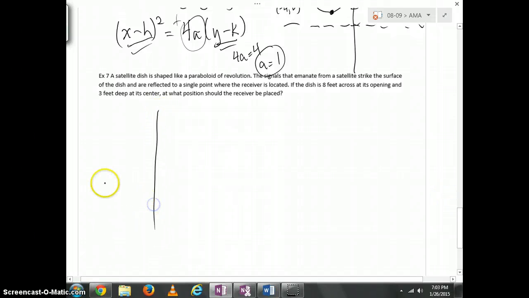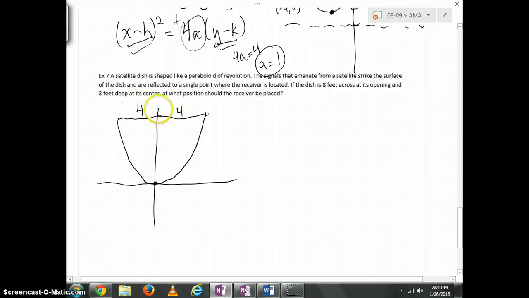Well, let's quickly make ourselves a picture and conveniently orient this parabola so that its vertex is at the origin. Make life easy on yourself. We know that the dish is 8 feet across. So as I go to the very top of the dish, right down the middle here, I'd move 4 to the right, 4 to the left.